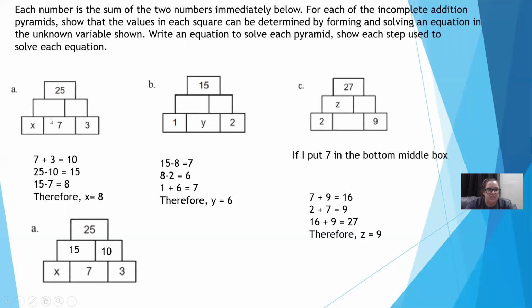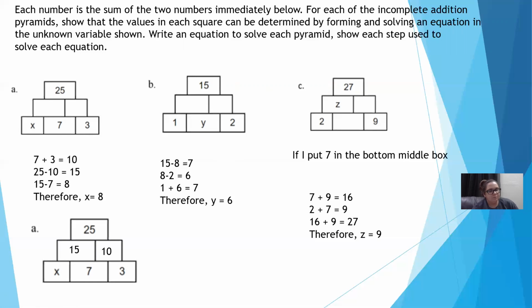So this is the box that was given. So you're trying to find x, which, sorry, this equation was made easy because 7 was given, your middle number right here was given. So what you're doing is you're adding these two numbers to get this number, these two numbers to get this number, and then your middle two are going to equal your top of your pyramid.